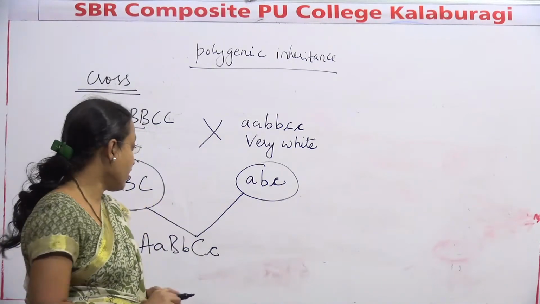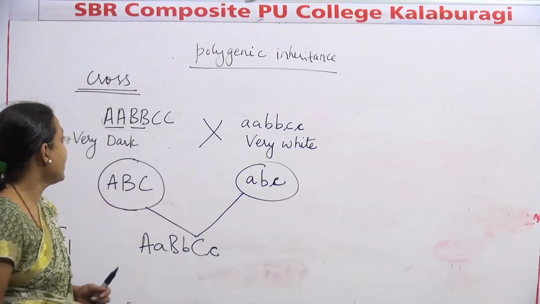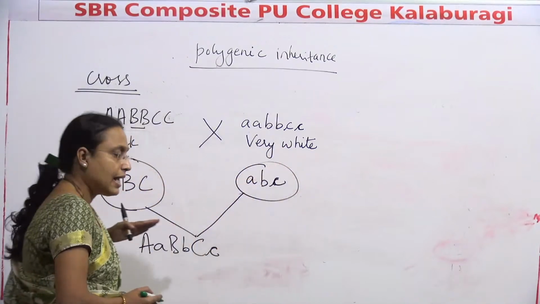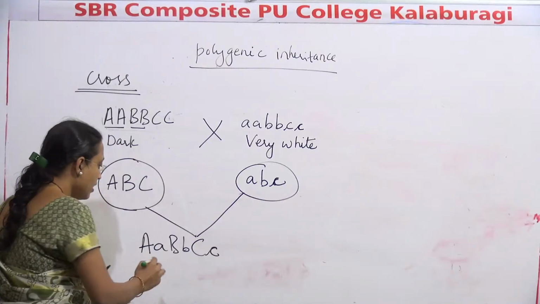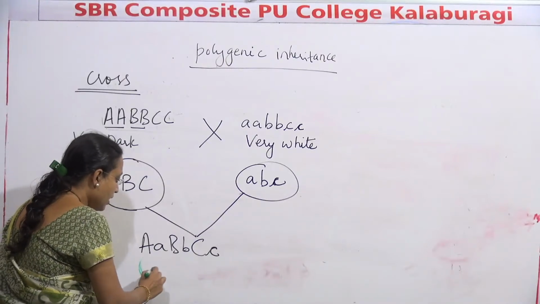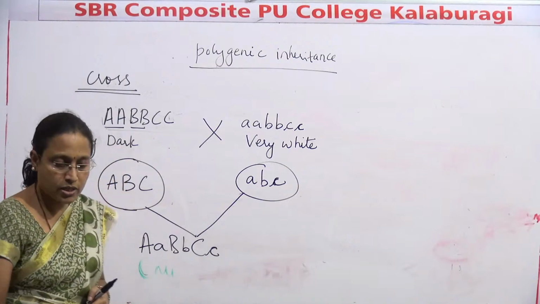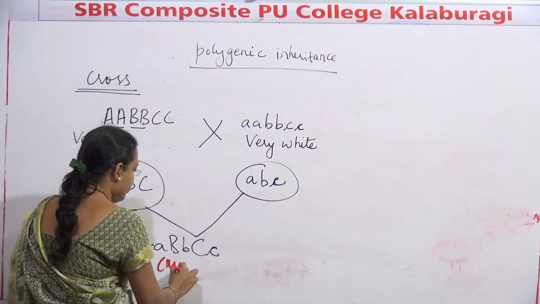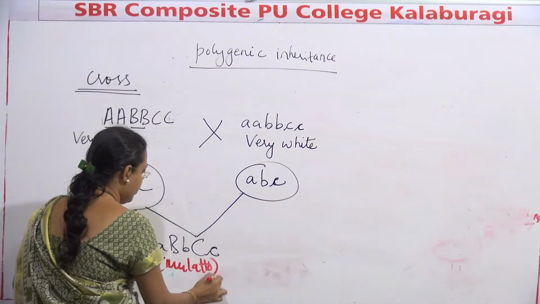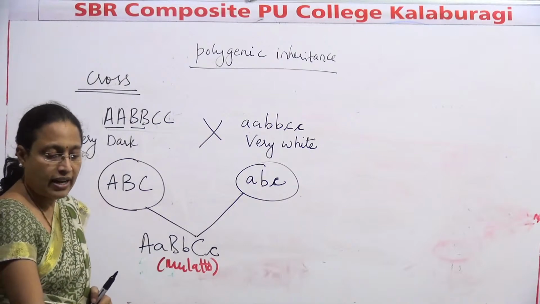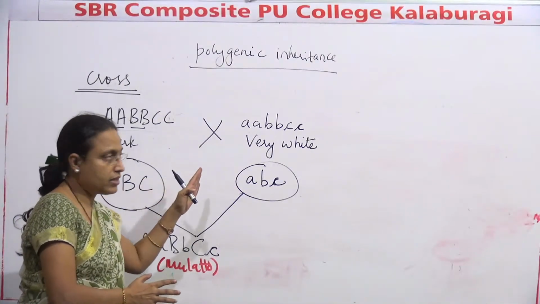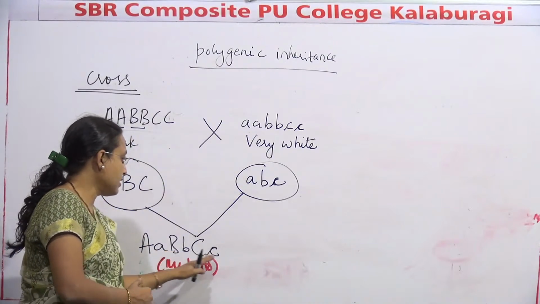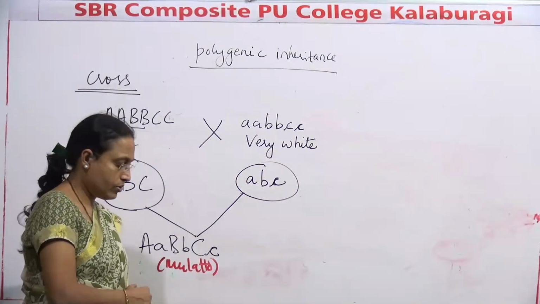The individual of the F1 generation is neither very dark nor very white. He is intermediate. Understand? So this intermediate individual is named a mulatto. Mulattoes will be intermediate between the characters of the very white and very dark. So they are heterozygous and they are named mulattoes.